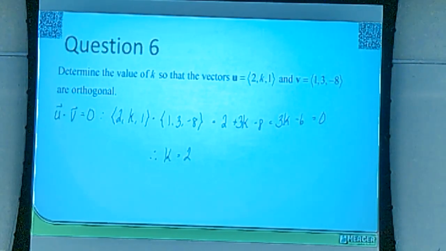So we can prove it straightforward. Oh, dot products are so easy.